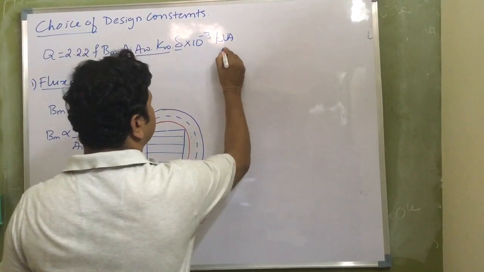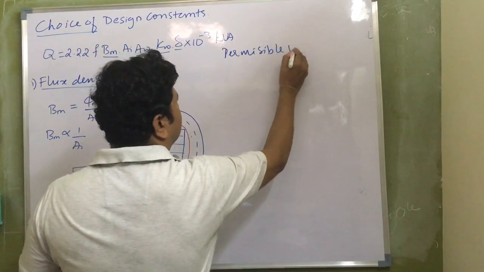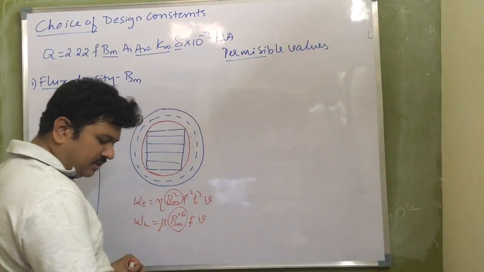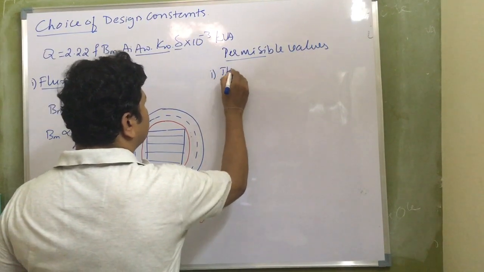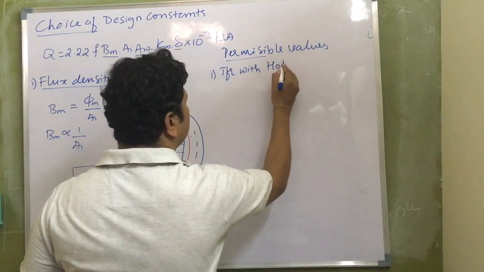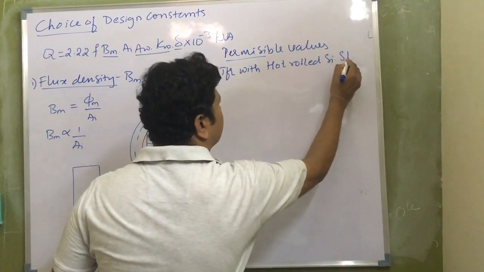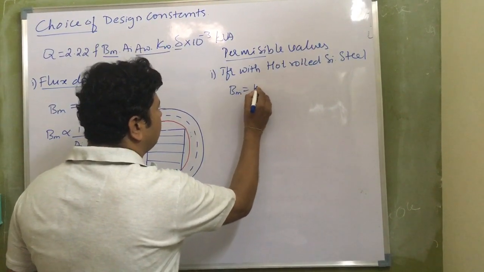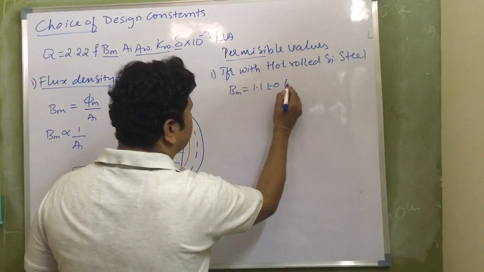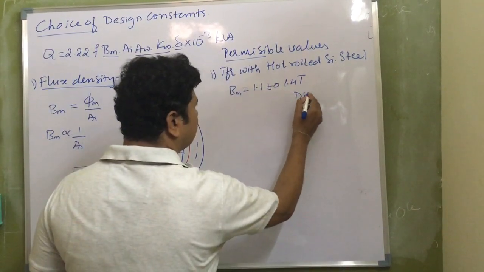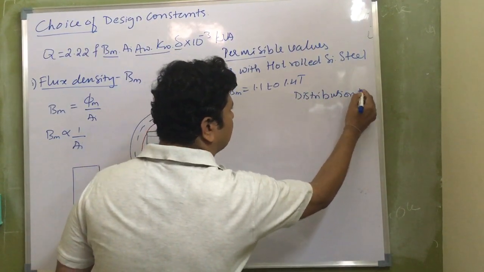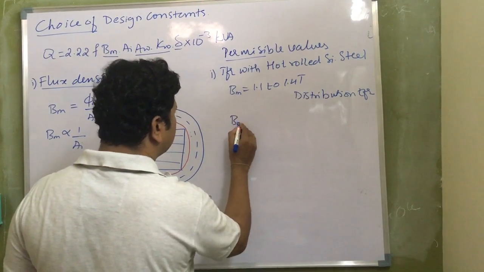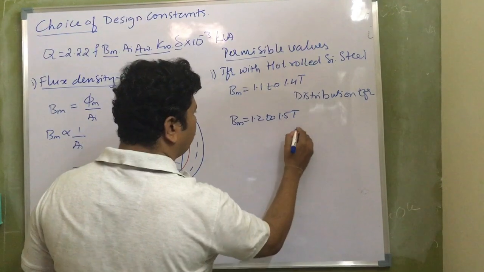Permissible values of Bm for a transformer with hot rolled silicon steel: Bm is equal to 1.1 to 1.4 Tesla for a distribution transformer, and Bm equals 1.2 to 1.5 Tesla for a power transformer.